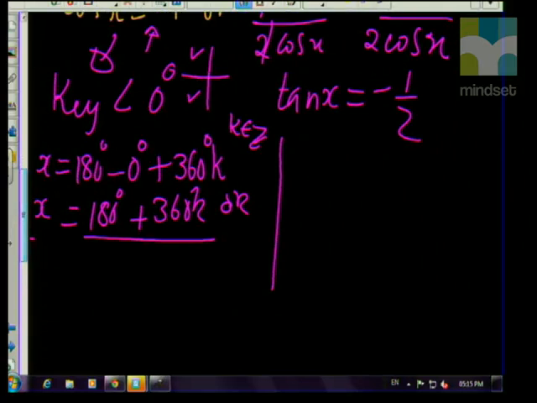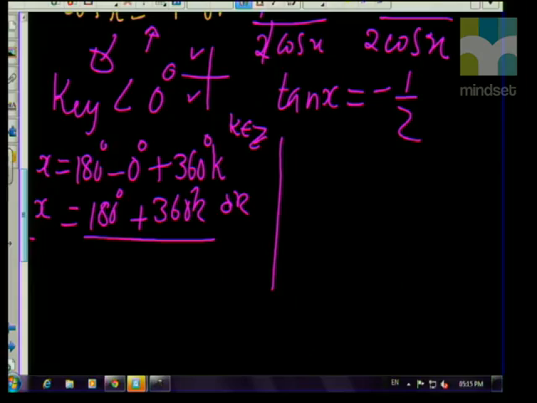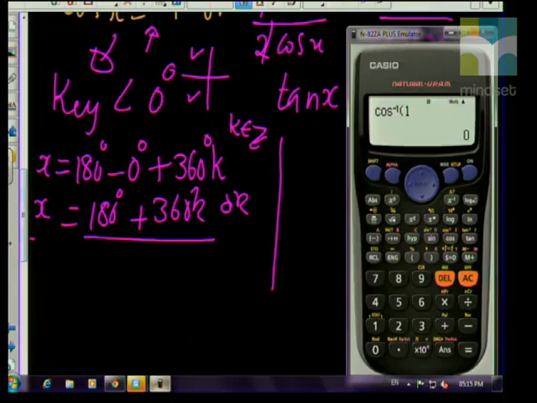I've got tan x equals to negative half. Now again, same thing that I did. Let's go back. We say shift tan of a half. That's 26.57.